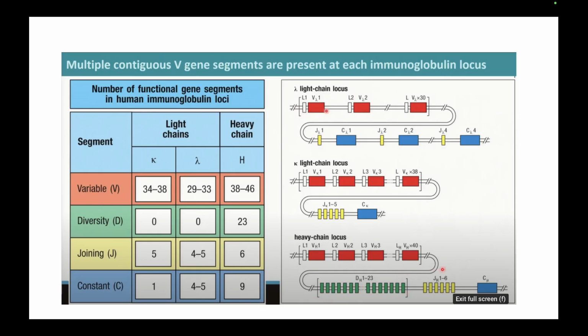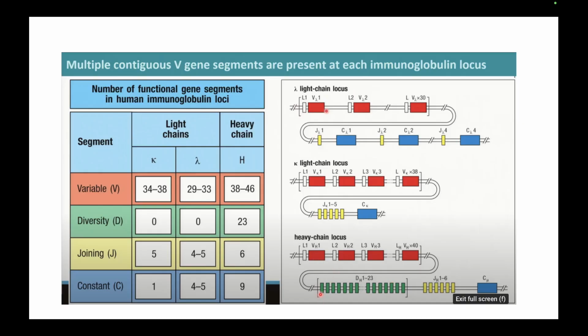In the heavy chain, D regions also have different segments. Whichever is chosen, only one D is recombined to one of the J segments, and then that DJ will combine with one of the variable segments of the heavy chain. So there are different kinds of combinations. Suppose D1 is combining with J1 and it is combining with V1, that is one combination.